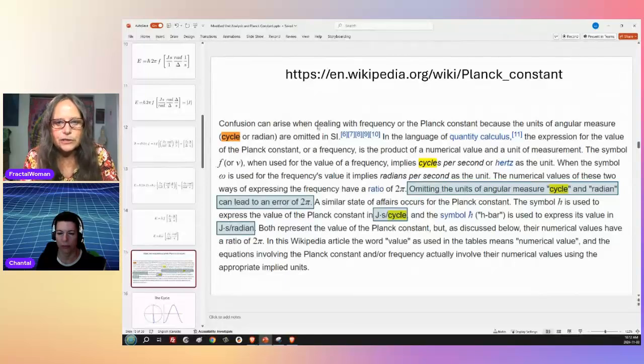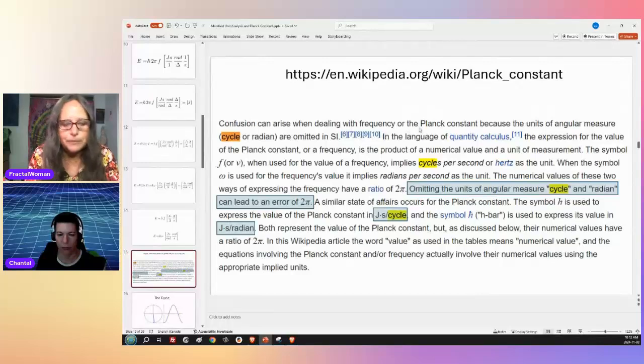In the language of quantity calculus, the expression for the value of Planck's constant or frequency is the product of numerical values, and so on. The symbol for frequency, when used for just the value of the frequency, is cycles per second, whereas the symbol for omega, angular frequency, is radians per second.